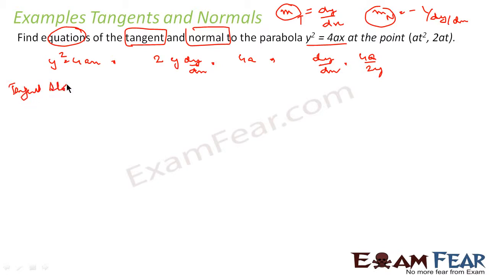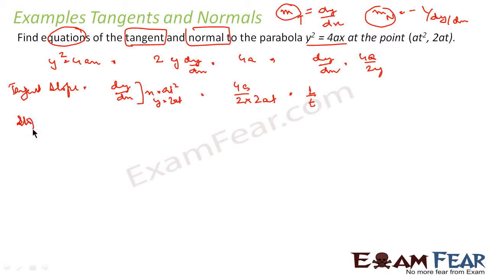So tangent slope is nothing but dy by dx at x is equal to x0, that is at square, and y is equal to 2at, that is nothing but 4a by 2y. Instead of y I'll write 2at, and that is nothing but 1 by t. So my slope of tangent is 1 by t.